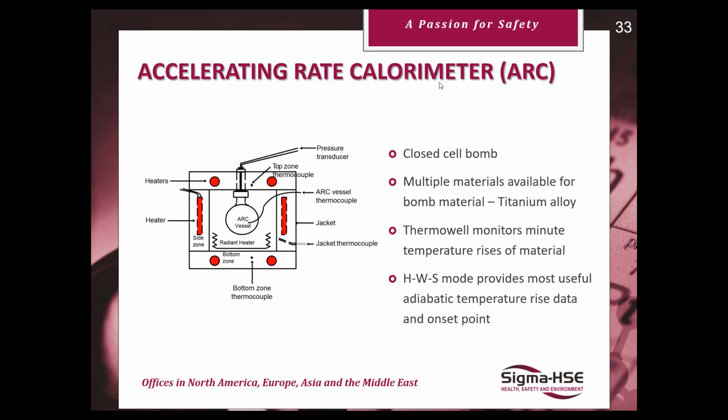But the downside is that it's potentially a high phi-factor system, because the bomb has to be made of metal. It's quite a dense test vessel, and it's hard to get that phi-factor very low. But it does still give very accurate onset temperatures for exothermic information.